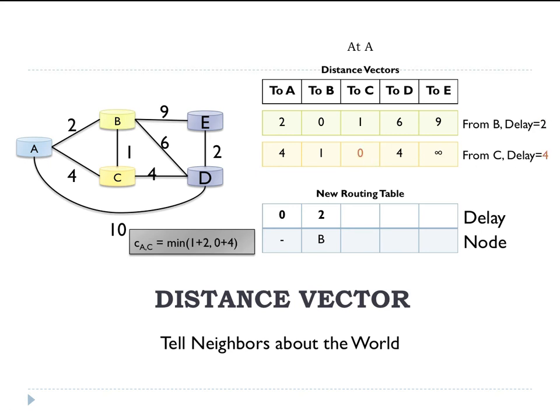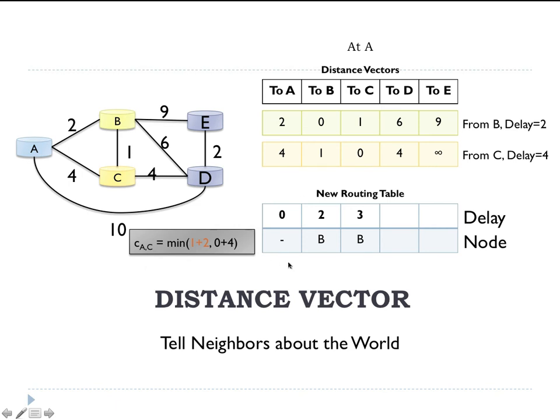Which one of those is smaller? The 1 plus 2. And now we've actually discovered some new information, right? We've just found that it's faster to get to C through B than to go directly to it. So now we've updated our routing table to reflect that. So if you need to get to B, you go through B. If you need to get to C, you go through B.